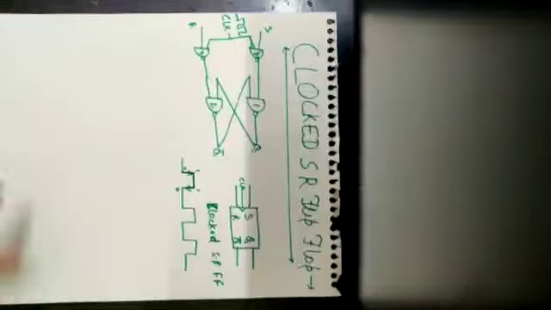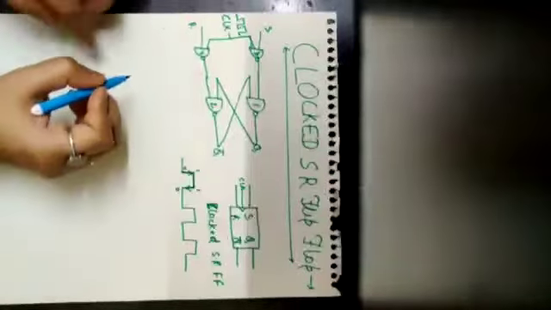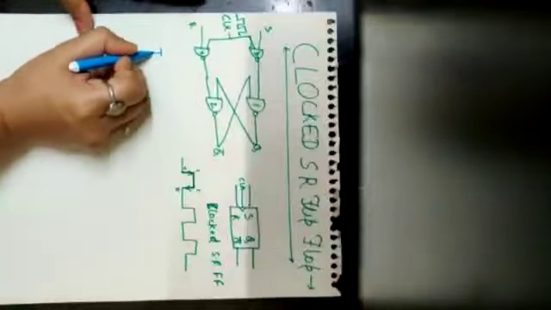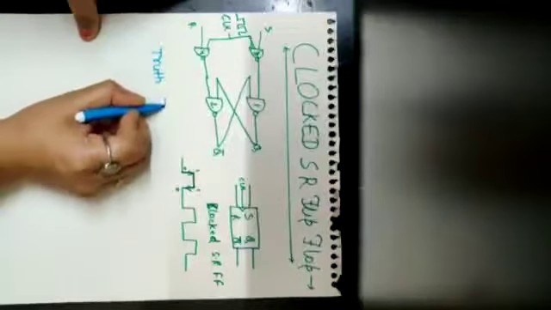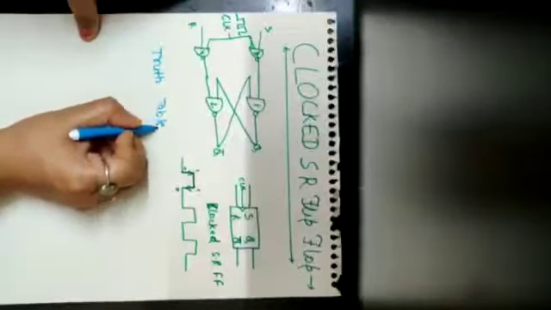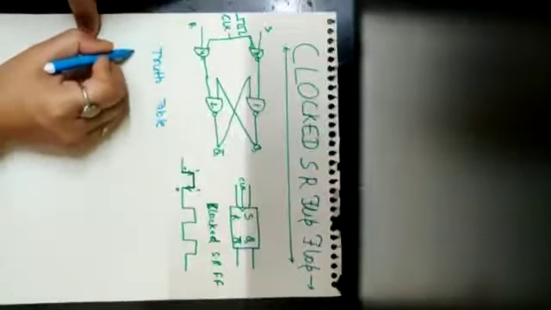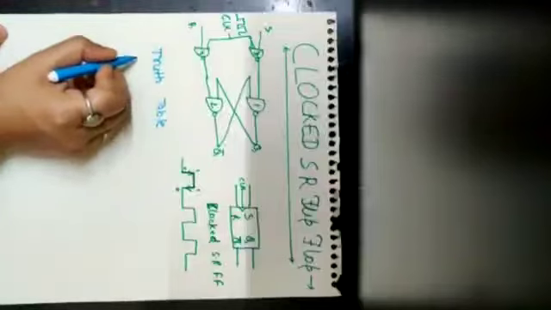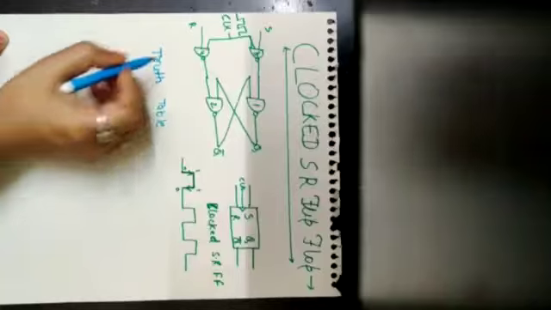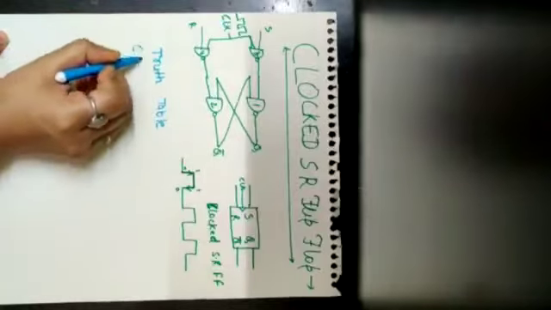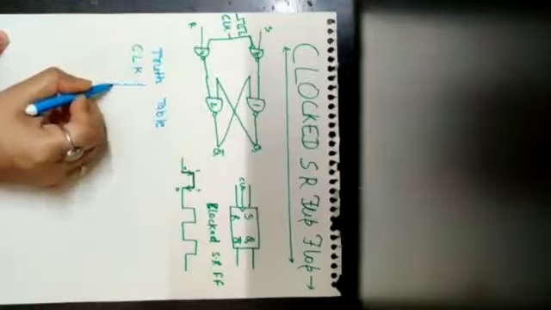Again, we have to take the truth table. We are drawing the truth table for this clocked SR flip-flop. For the truth table, we have the inputs and the outputs. Before applying the input, we have to apply the clock as well, since this circuit will operate according to the clock.